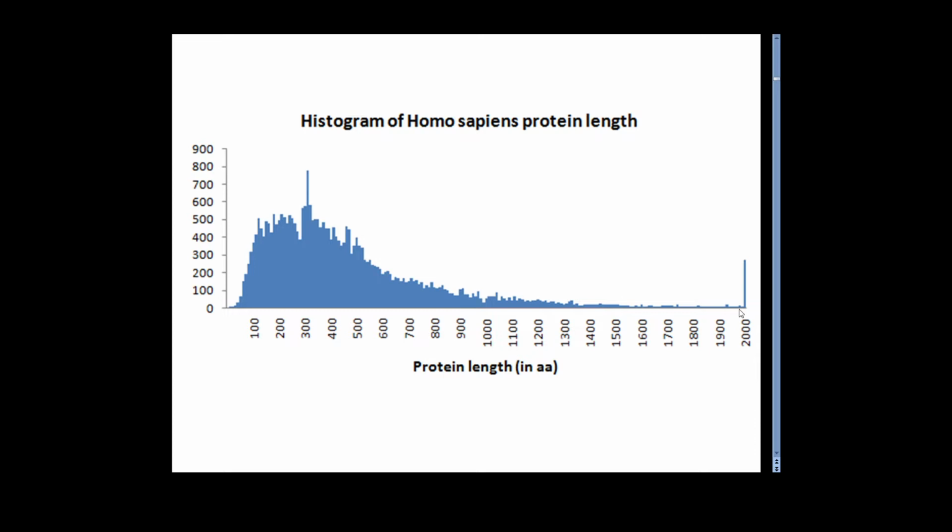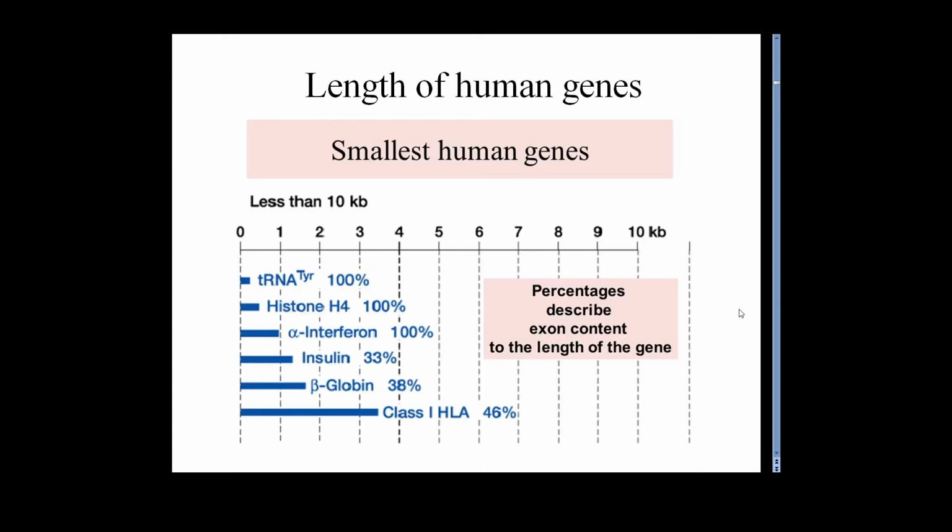But any variants may also take place. Now we will talk about it in more detail. Now you can see the length of human genes. If the length in amino acids is some hundreds, the length of genes is much more.